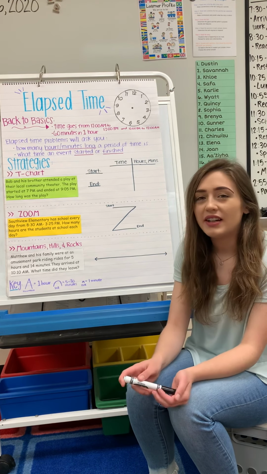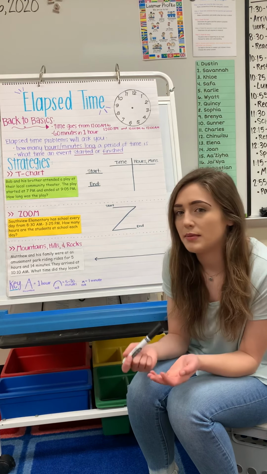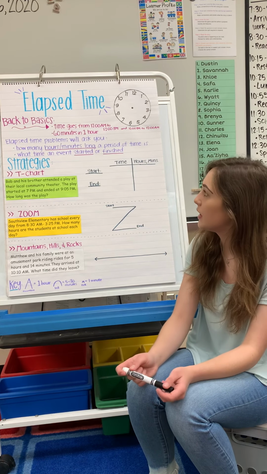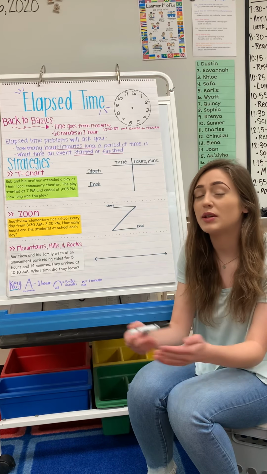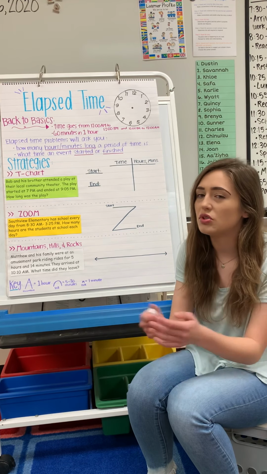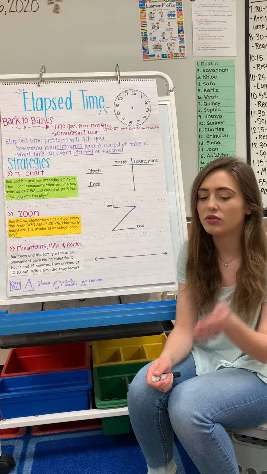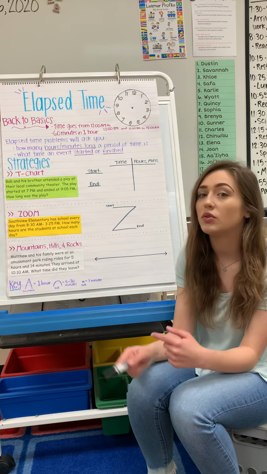Before we begin, I want to talk about what elapsed time is. Elapsed time is basically the distance of time, the amount of time between 2 intervals. An interval is like your start and your end. The elapsed time problems that you see might ask how many hours or minutes long a period of time is, or what time an event started or finished.